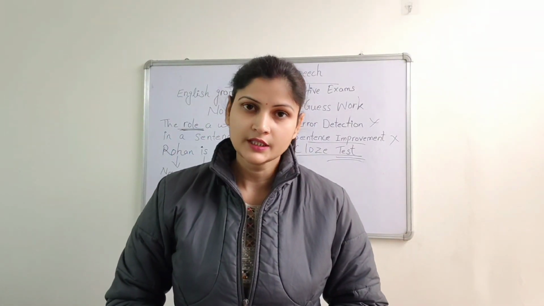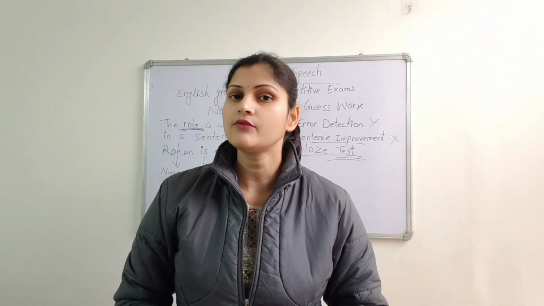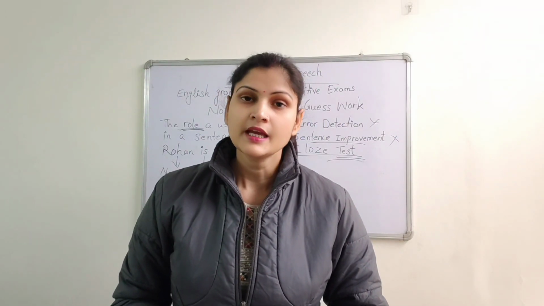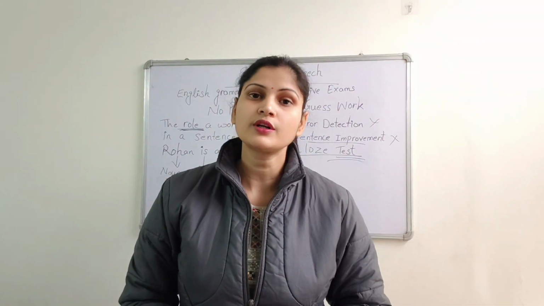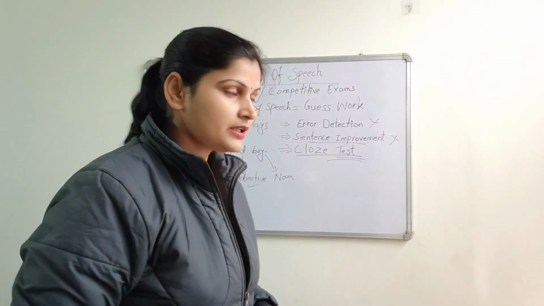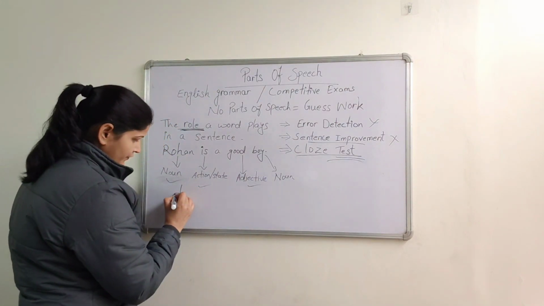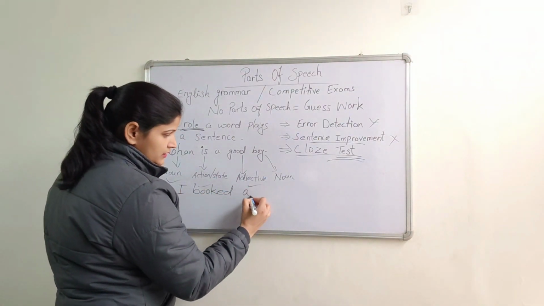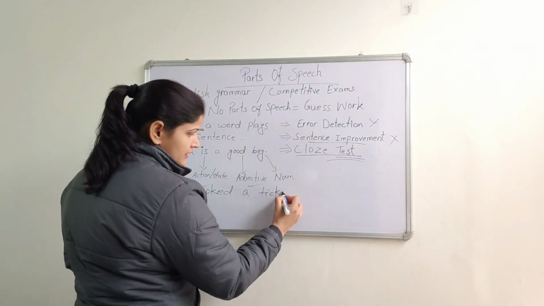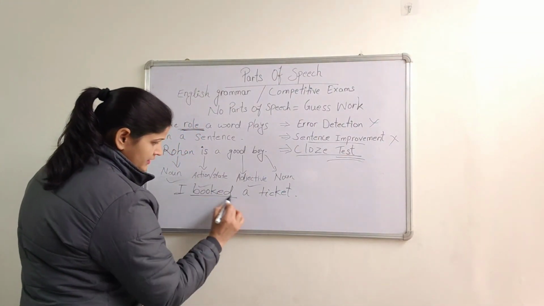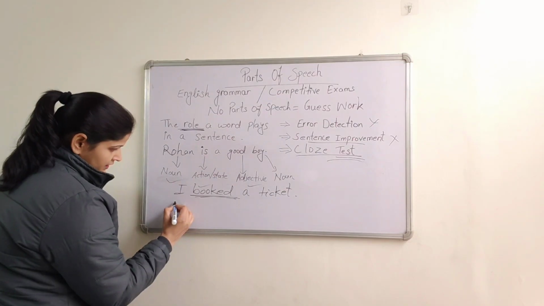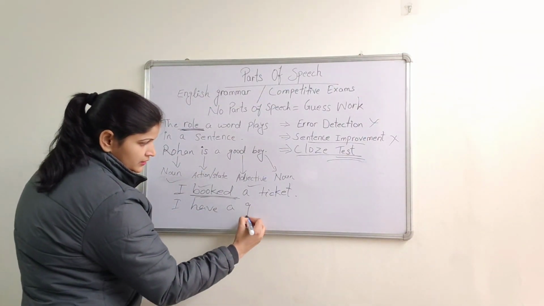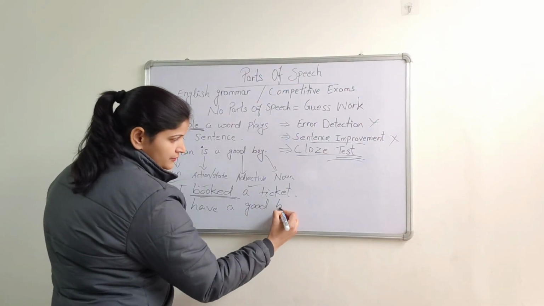One most important thing you must remember, a word does not have a fixed part of speech. Its role changes according to the sentence. For example, I booked a ticket. See the role of book. And, I have a good book.